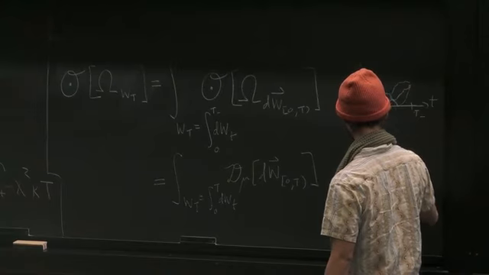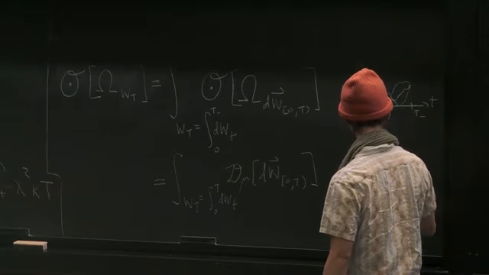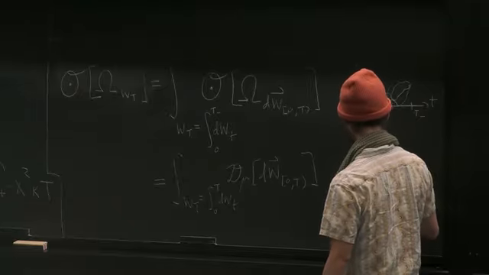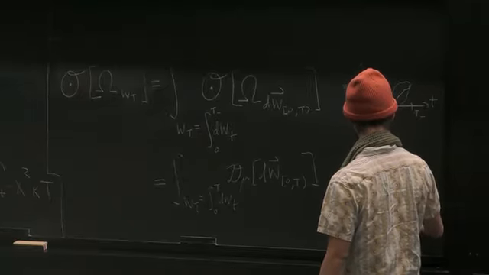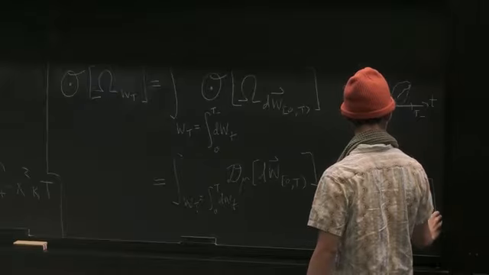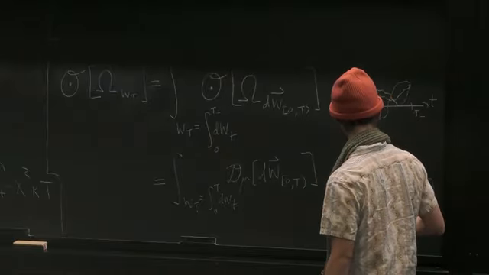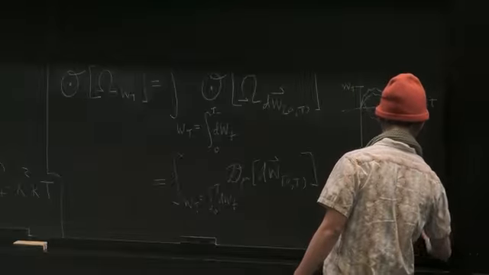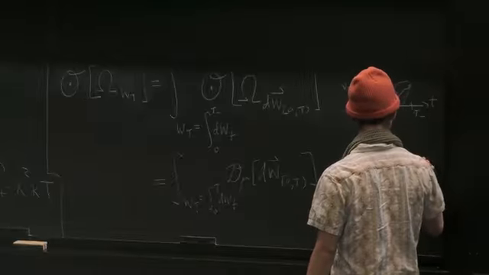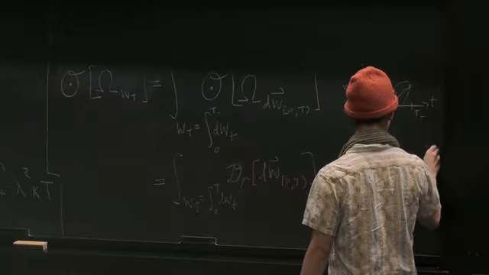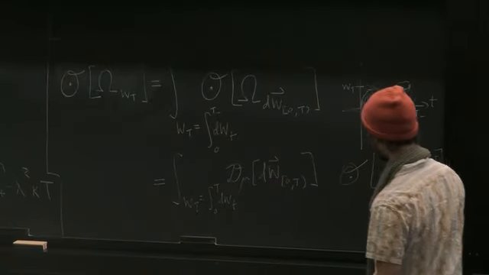X root kappa W sub t minus x squared kappa t. And let's try to fit them up there. Okay.